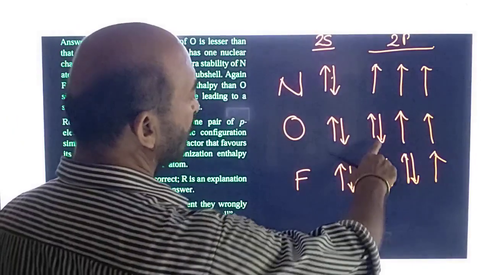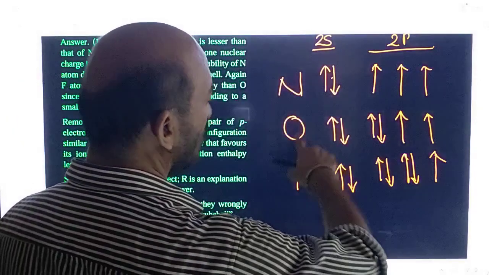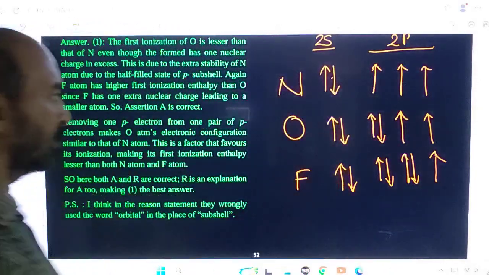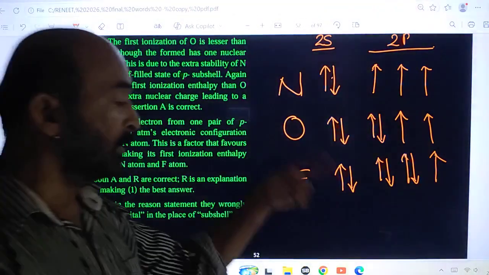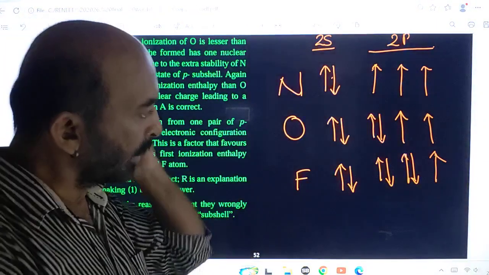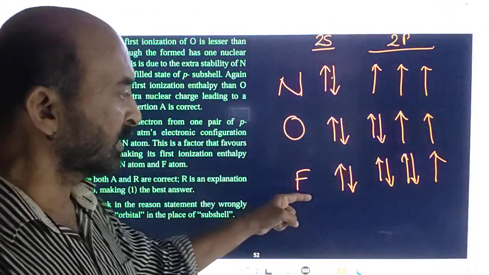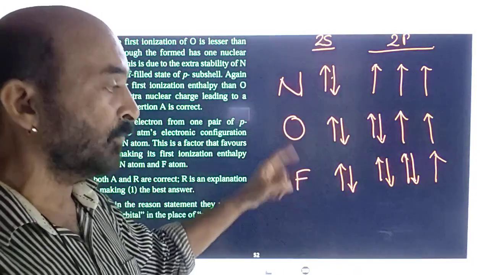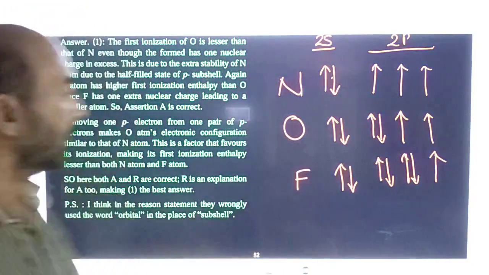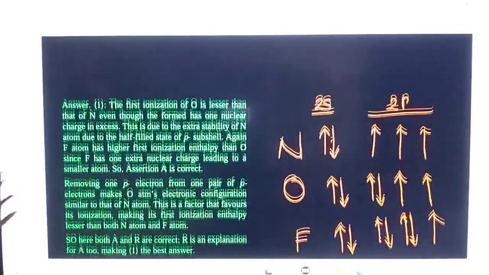The reason given is that by removing this electron, oxygen acquires the stable half-filled configuration of nitrogen. That is correct. But there should also have been a mention that its nuclear charge is less than that of fluorine, but they haven't mentioned it. They have accepted that as the reason.